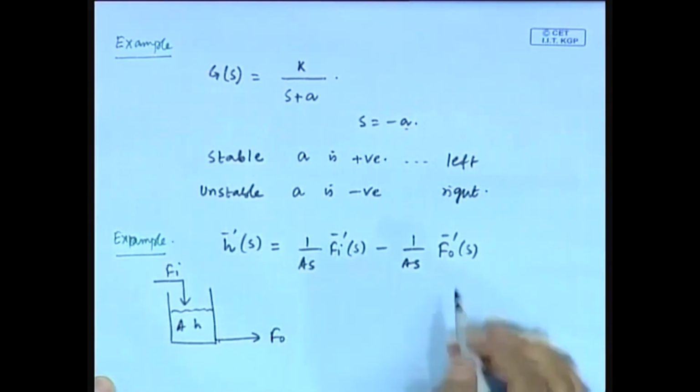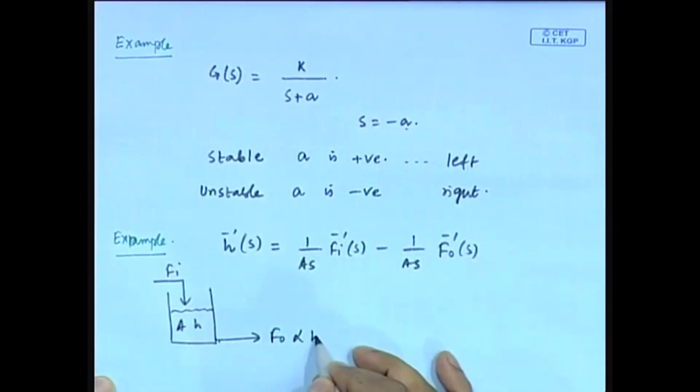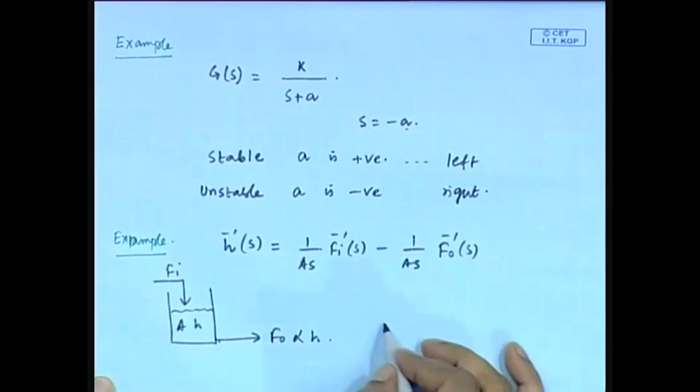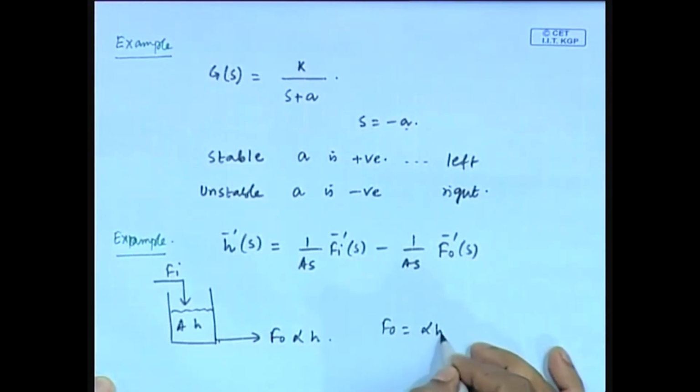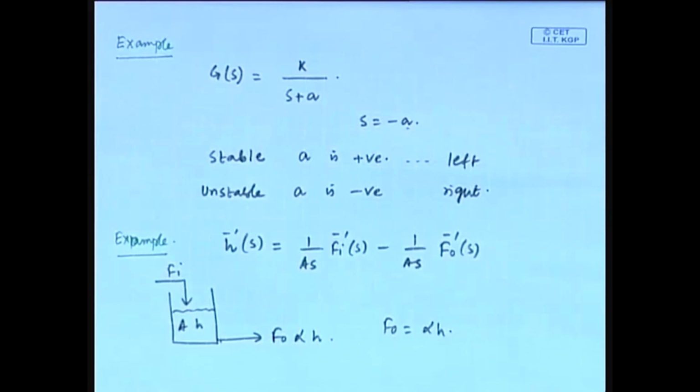Now, we can do one thing, we can consider F is proportional to h. We are just trying to modify this example. Fine. Now, F_o equals, suppose, alpha multiplied by h.